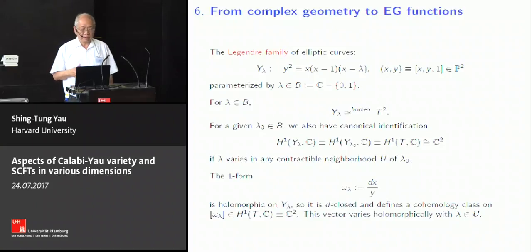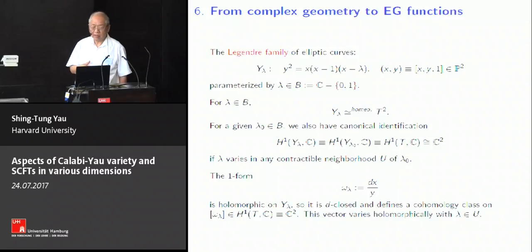And of course, there's the Legendre family of elliptic curves, which is well studied in number theory, and of course in algebraic geometry also. And we have this lambda, which is a parameter, where we have a canonical identification between H1 of Y_lambda and the standard C^2, H1 of the torus, when lambda varies in a contractible neighborhood around lambda naught.